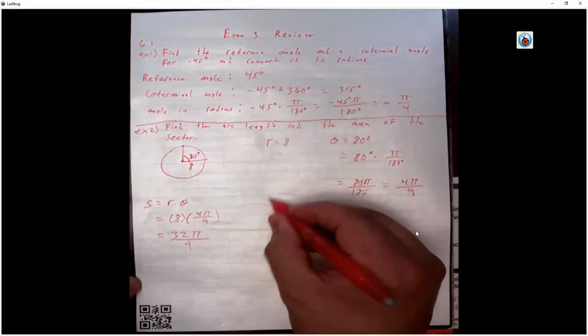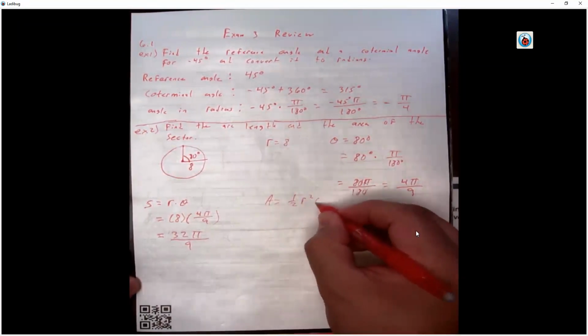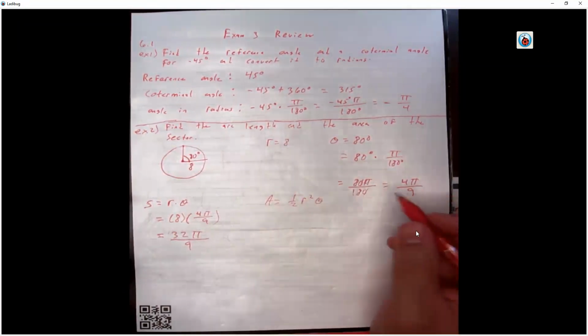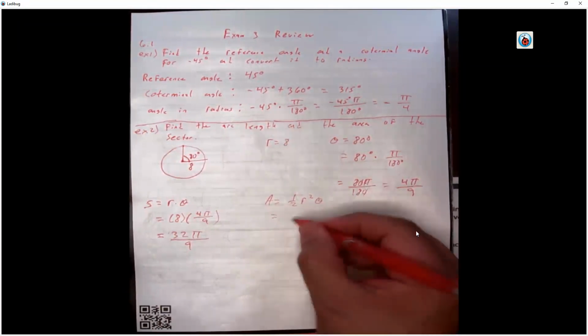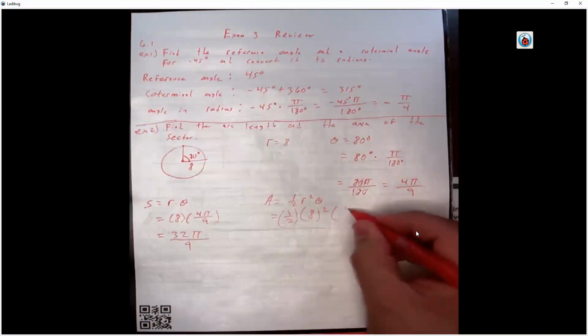Okay. Area is 1/2 times your radius squared times your angle in radians. Has to be radians. So 1/2 times 8 squared times 4 pi over 9.